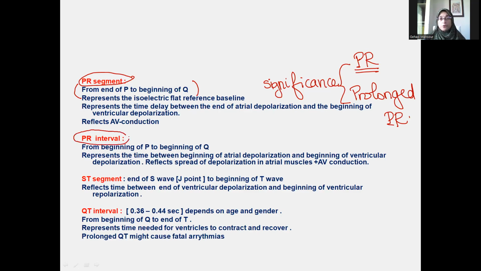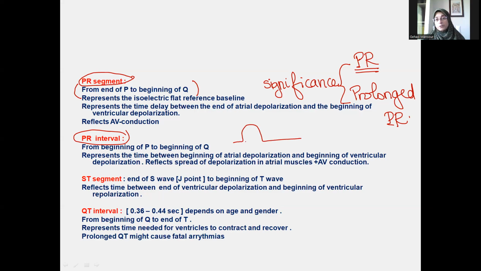As we said before, what's the difference between an interval and a segment? An interval is a segment plus a wave, and therefore the PR interval is the time duration between the beginning of the P wave and the end of the PR segment.